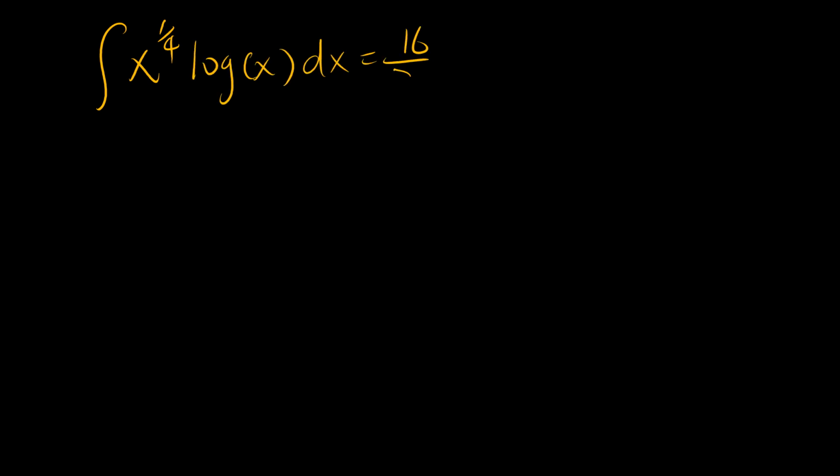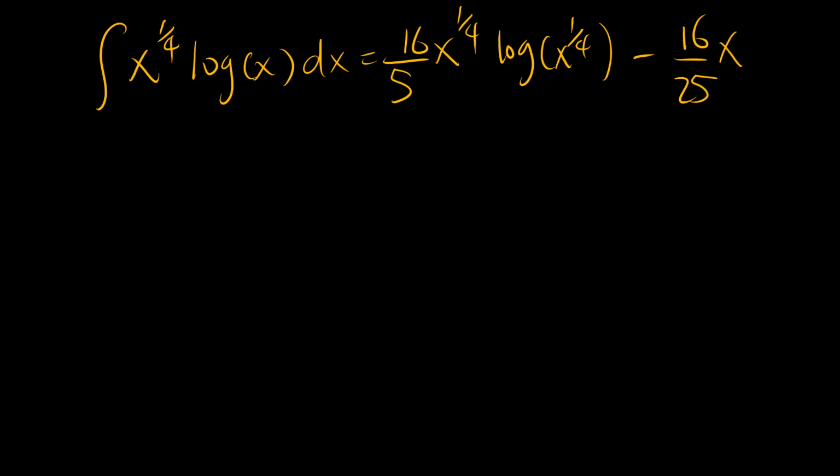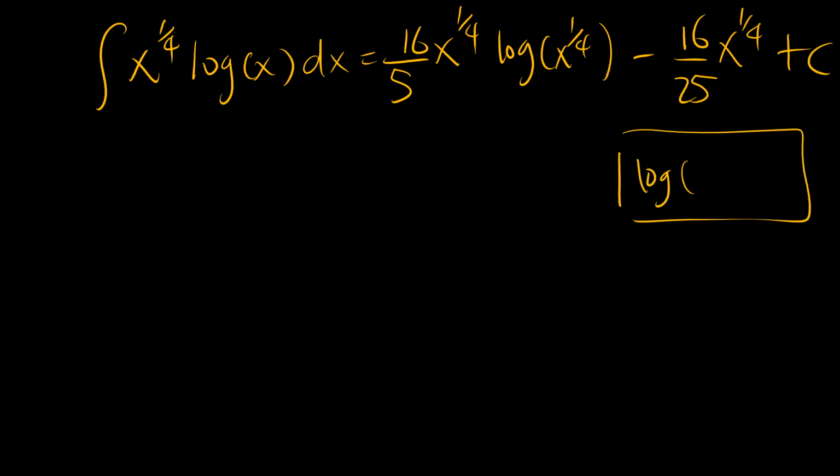Since we said our integral of x to the power 1 over 4 natural logarithm of x dx is equal to 16 over 5 x to the power 5 over 4 natural logarithm of x to the power 1 over 4 minus 16 over 25 x to the power 5 over 4 plus c. We can again use this expression of logarithm, where log of a to the power b is b log of a, right?